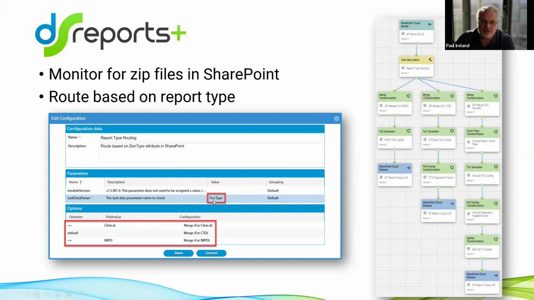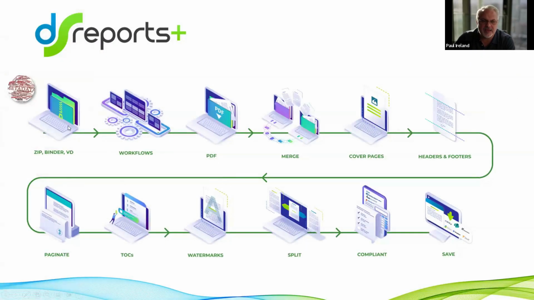So in this case, I'm just looking at the document type. If it's clinical, it will take one route. If it's IMPD, it'll take a different route. And everything else will take one other route. What all I'm left to do is create a zip file, basically create the collection of content. It's the only thing that you have to do manually, is define what content needs to be included in that report.